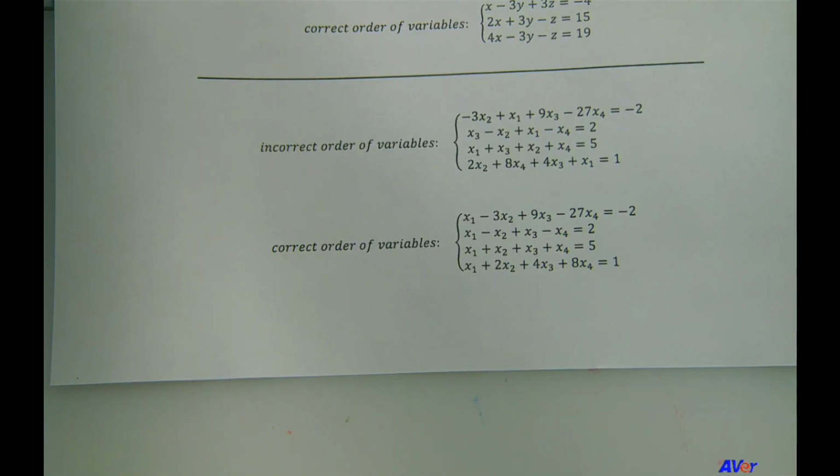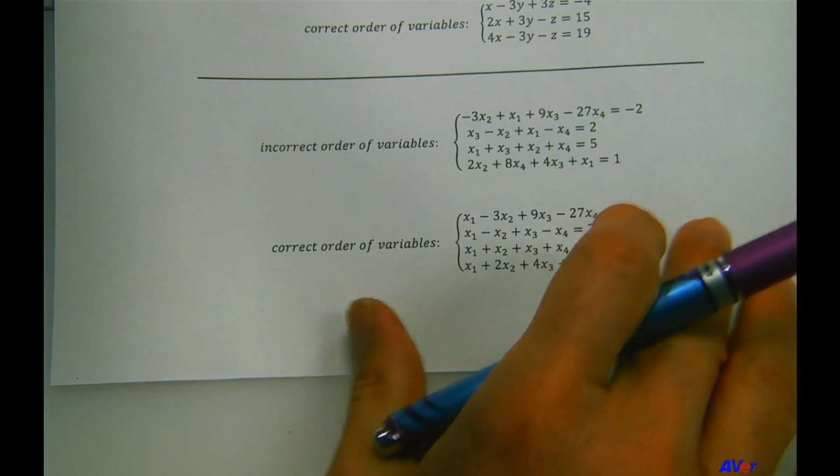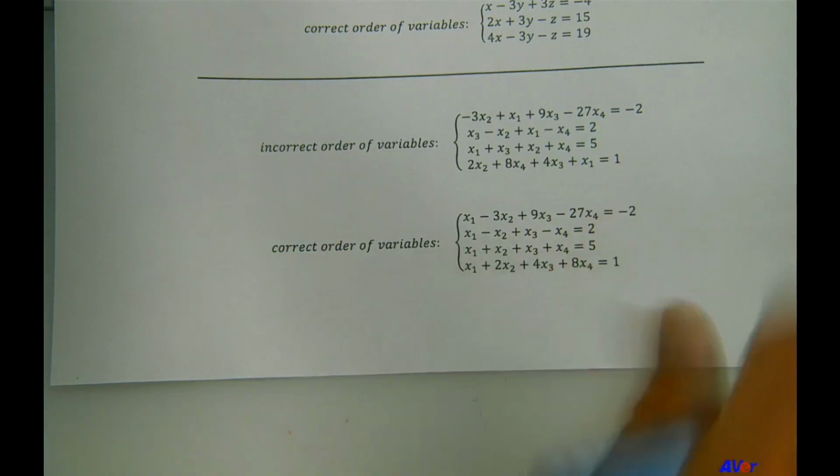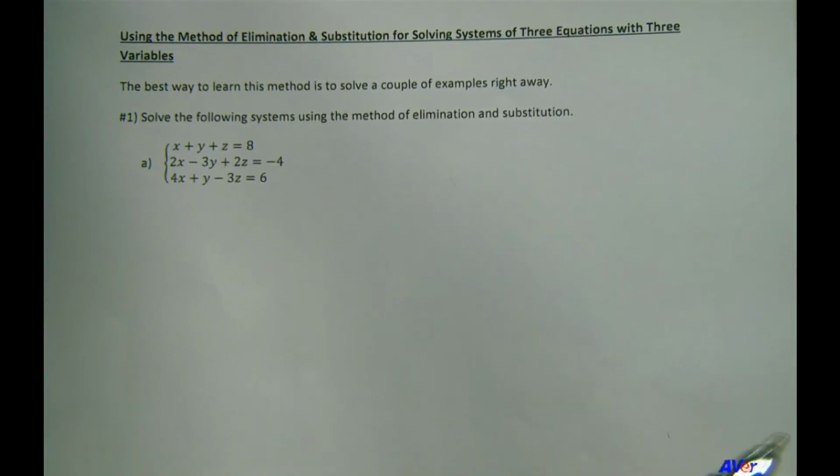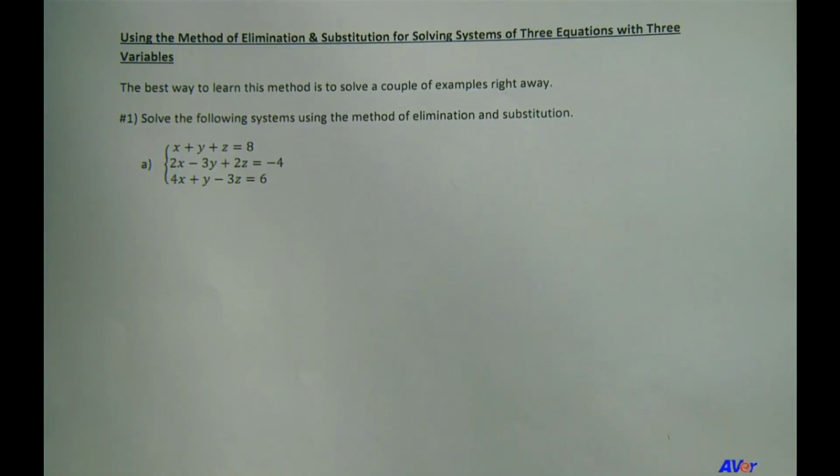Okay, so that's as high as we will go, solving a system of 3 equations with 3 unknowns. Okay, the best thing to do with learning this content is to just jump right in and start with an example.